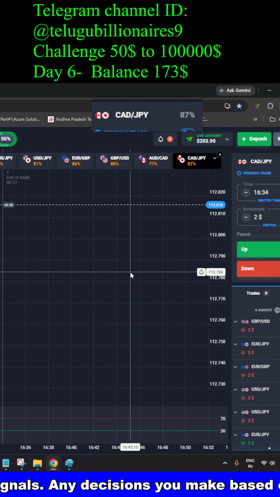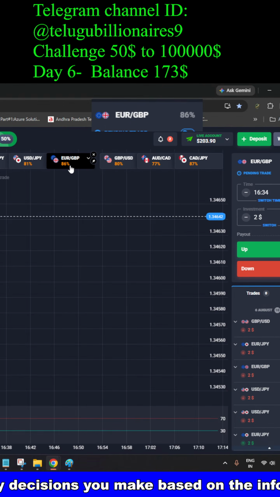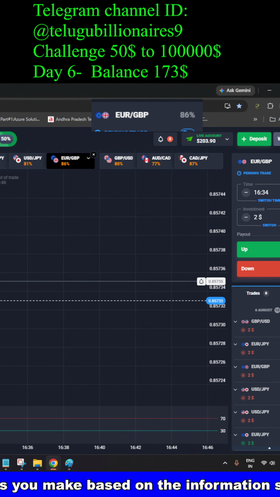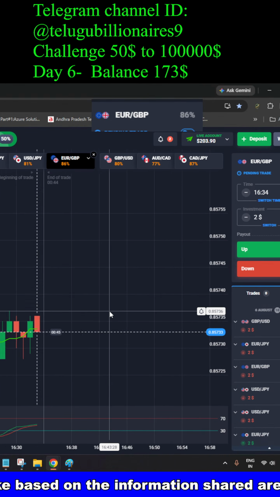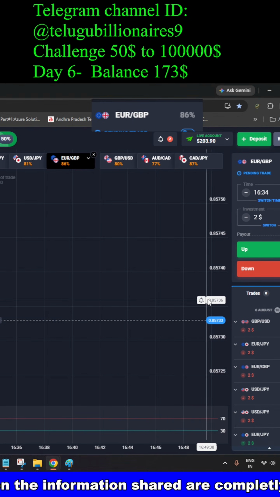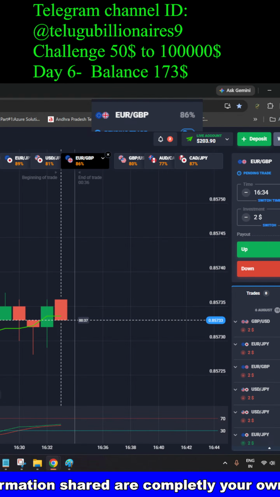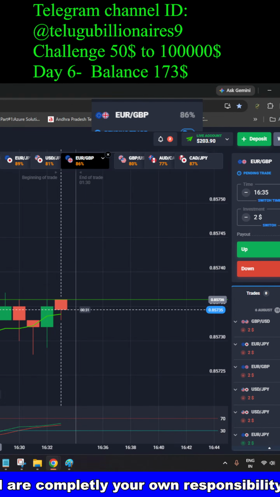You need to monitor. Once the change happens, only then we need to enter. So for the breakout, we'll wait for the high. We need to draw a horizontal line here, where it is.